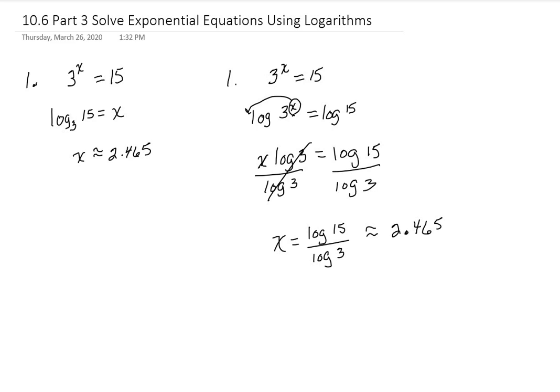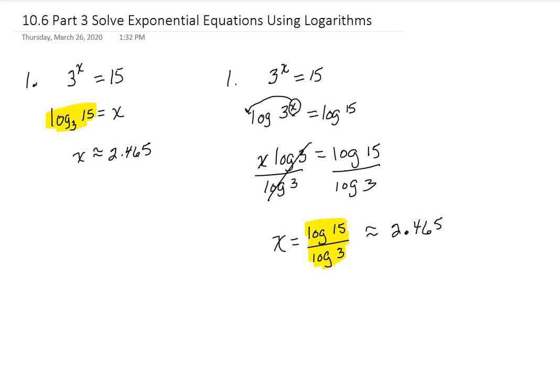And one thing I want to point out to you here is that this number, log base 3 of 15, and this here, log 15 divided by log 3, is an example of the relation between your change of base formulas. To find this, if you don't have that log base function on your calculator, you take the log of 15 divided by the log of 3, which is what I have down here.